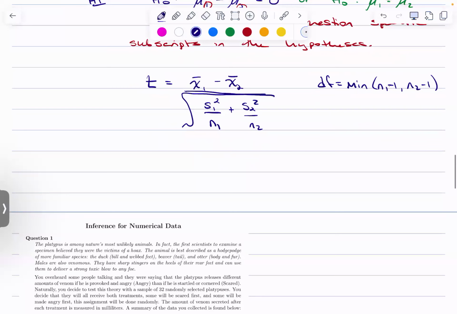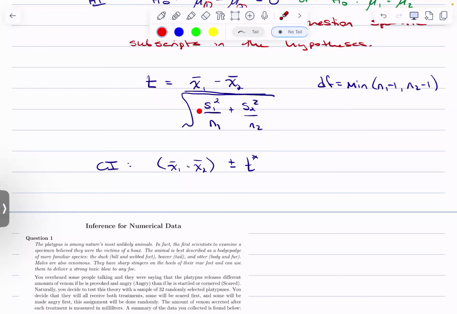Okay, and then the confidence interval. We have our point estimate, x1 bar minus x2 bar, plus or minus a t star, the critical value. And what's really nice is it's the same standard error.